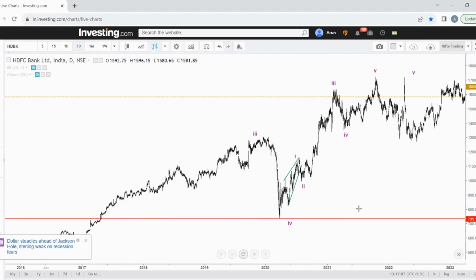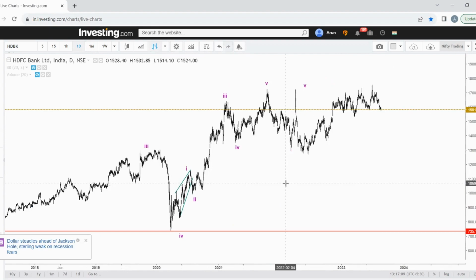So either it could be a fifth wave ending or 1 of 5. We don't think that after this, the entire fall is coming. No, it can be 1 of 5 and 2 of 5 and 3 of 5.